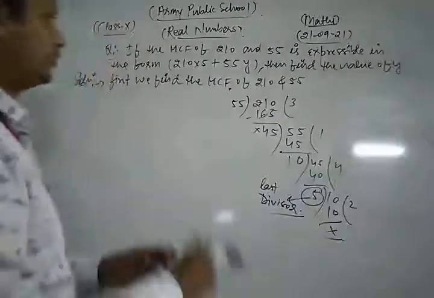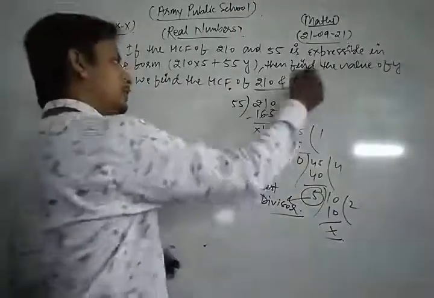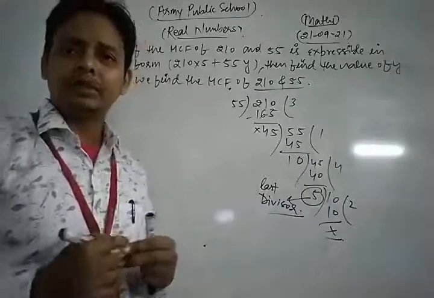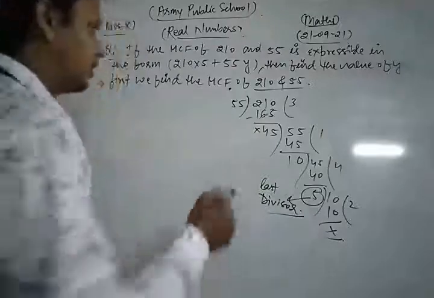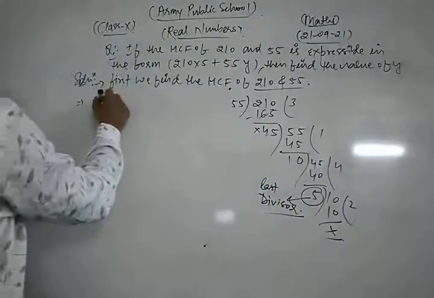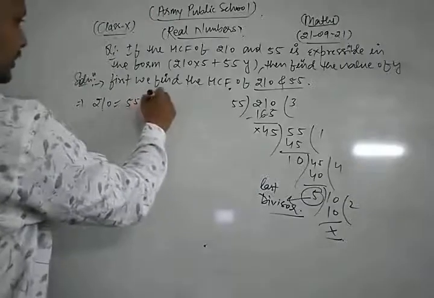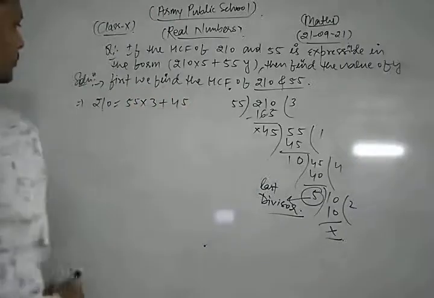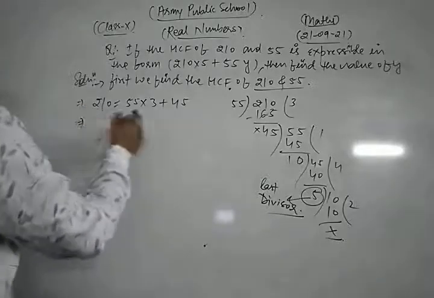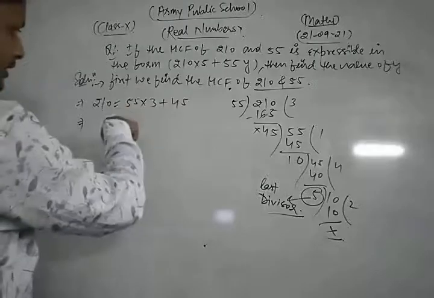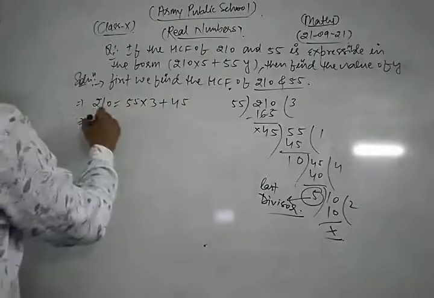Now we also find the HCF of the given numbers by the concept of Euclid's division lemma. According to that, you know that dividend is equal to divisor times quotient plus remainder. Again, the remainder becomes the divisor and the divisor becomes the dividend.